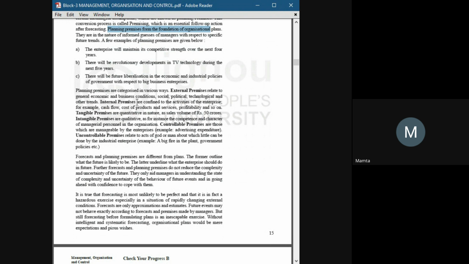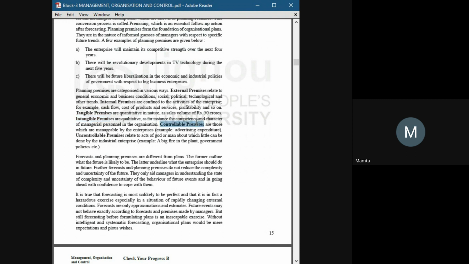Internal premises are confined to the activities of enterprises only, for example, cash flow, cost of products, services, profitability, production, etc. Tangible premises are quantitative in nature, like sales volume of rupees 50 crores. Intangible premises are qualitative, for instance, the competence and character of managerial personnel in the organization.